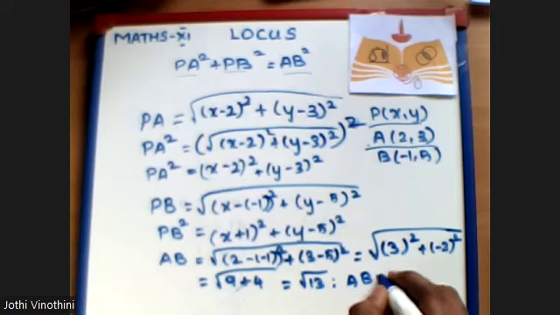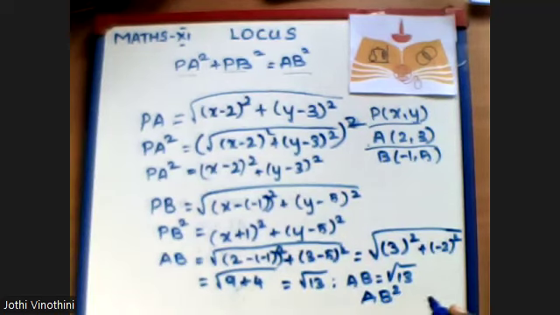AB equals root of 13, right? What we want to have? We want to have AB square, right? So the square root will be cancelled. So AB squared equals 13, right? I will give you 1 more minute to copy this. Then we will rub the board, okay?